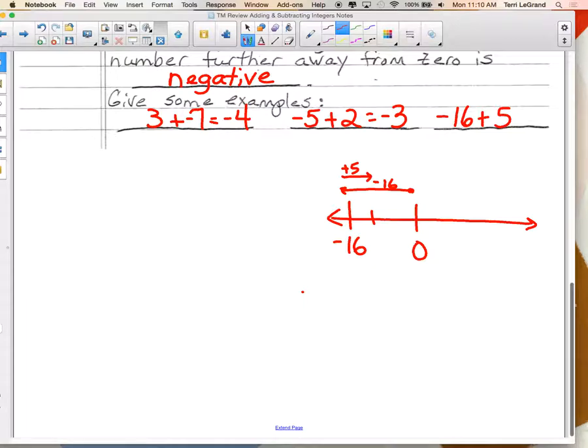Just like zero pairs, you guys. There are 5 units of overlap, just like there are 5 zero pairs going on here. What is our final answer? Negative 11. Negative 11. Okay. You will learn this, won't you? You will be good at this. You got this?